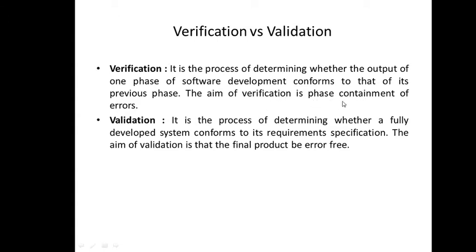Phase containment of error means identifying the error in the same phase where it has been created, not in the later phases, otherwise the error will propagate to other phases and become more complex. More effort will be required to eliminate the error from the subsequent phases. So phase containment is either in the same phase or nearer to that phase. Try to contain that error then and there itself.